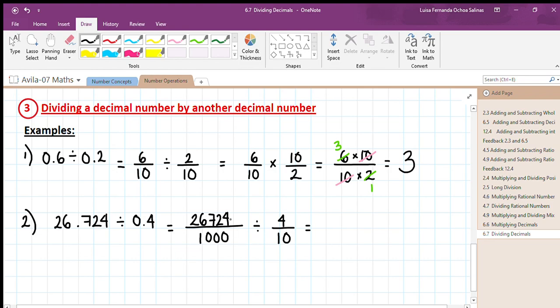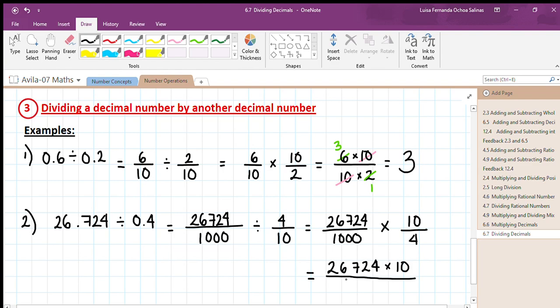Now, how do we do this? We do stay, change, flip. So stay, 26,724/1,000. Change, flip. Okay, if I write here in the bottom 26,724 over 1,000 times 10 over 4.